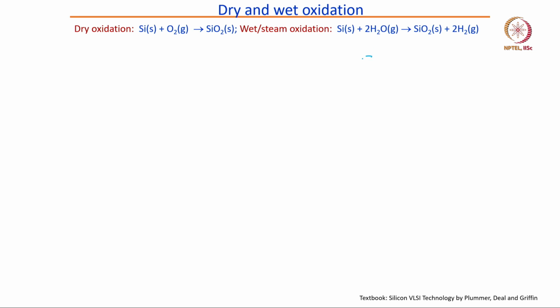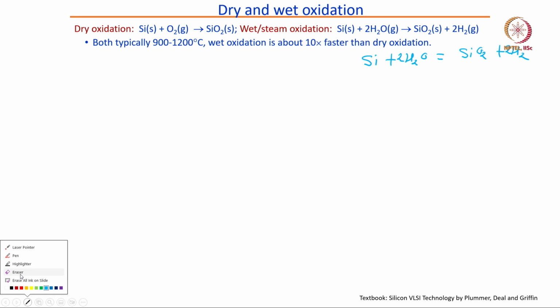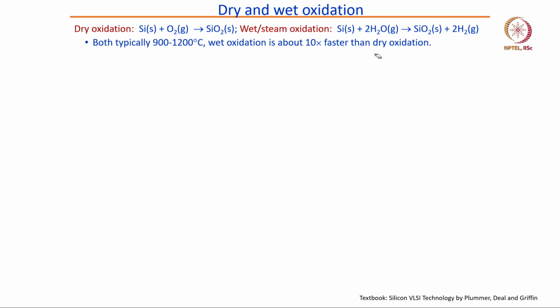Actually the equation goes like this: silicon plus H2O gives SiO2 plus H2. If you want to balance the equation, you add 2 here, you add 2 here, equation is balanced, and that is why this equation comes. As I told you, both these thermal oxidation techniques are at very high temperature, and wet oxidation is about 10 times faster than the dry oxidation, and there are advantages and disadvantages of both of them.